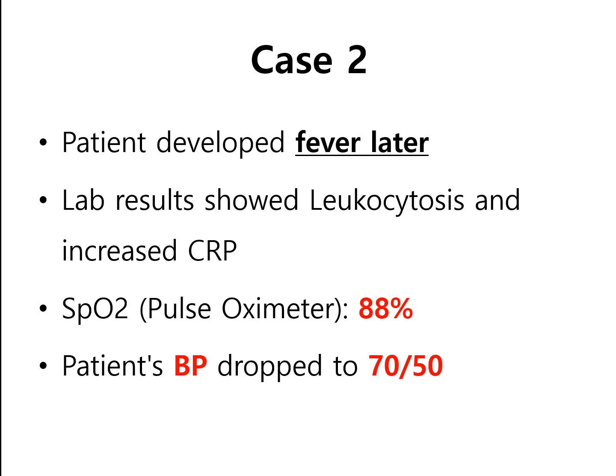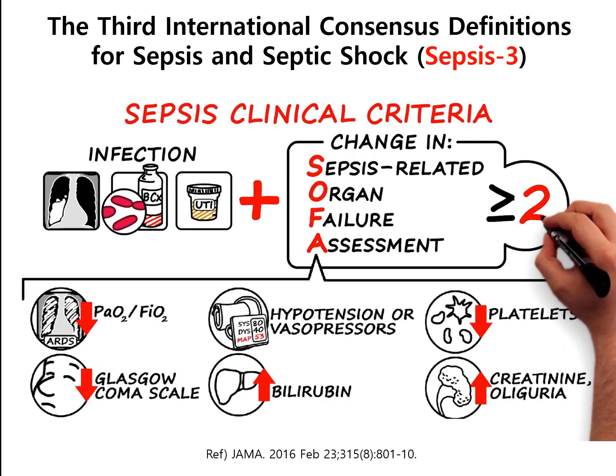Later, he developed fever. Lab results showed leukocytosis and increased CRP, and his SpO2 dropped to 88%. His BP dropped to 70. The case patient was diagnosed with sepsis and septic shock.